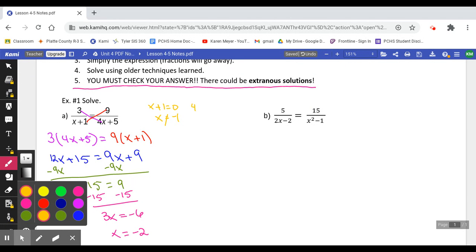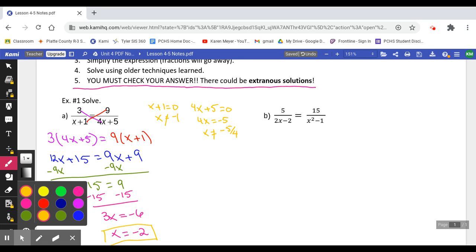Let's check the other fraction. 4x plus 5 equals 0. So 4x equals negative 5, divide, and I would say x cannot equal negative 5/4. Neither one of those are the answer I came up with, so then I'm going to say yes, my answer checks out. So negative 2 is it.